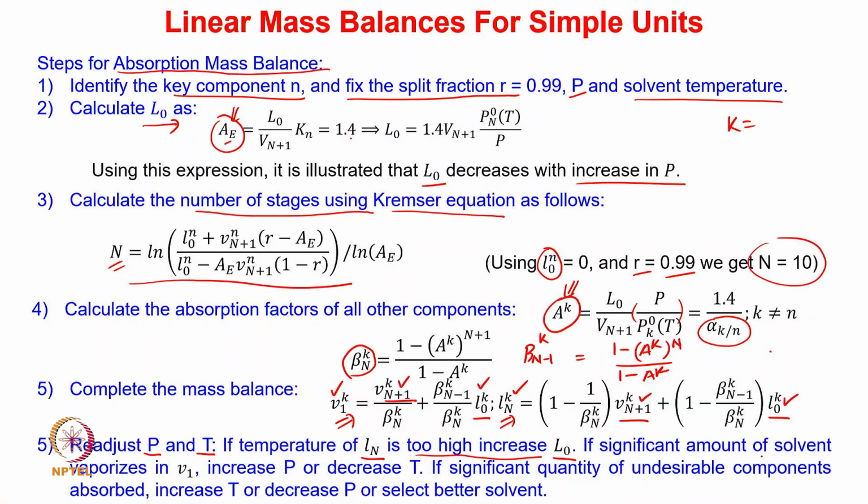If a significant amount of solvent is getting vaporized in the absorption unit, so the outlet is V1, clearly in that case we have to increase the pressure and decrease the temperature. Another case could be if a significant quantity of undesired components are absorbed.